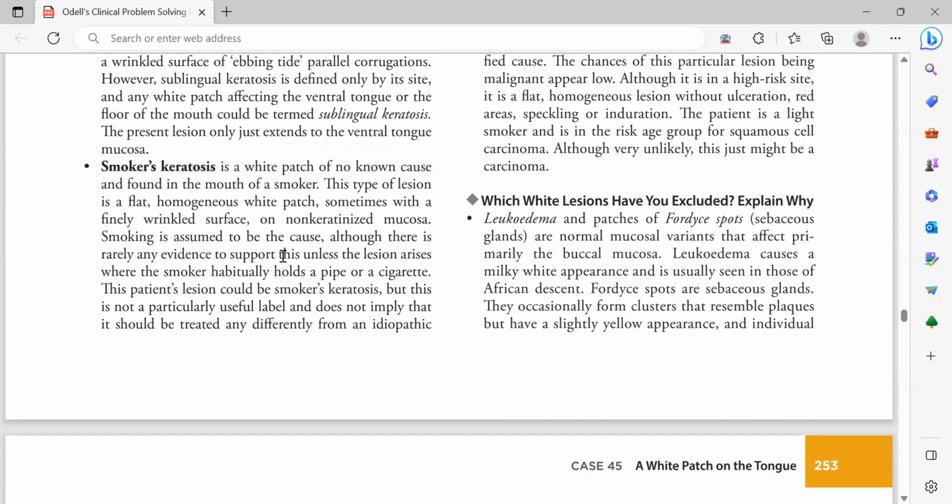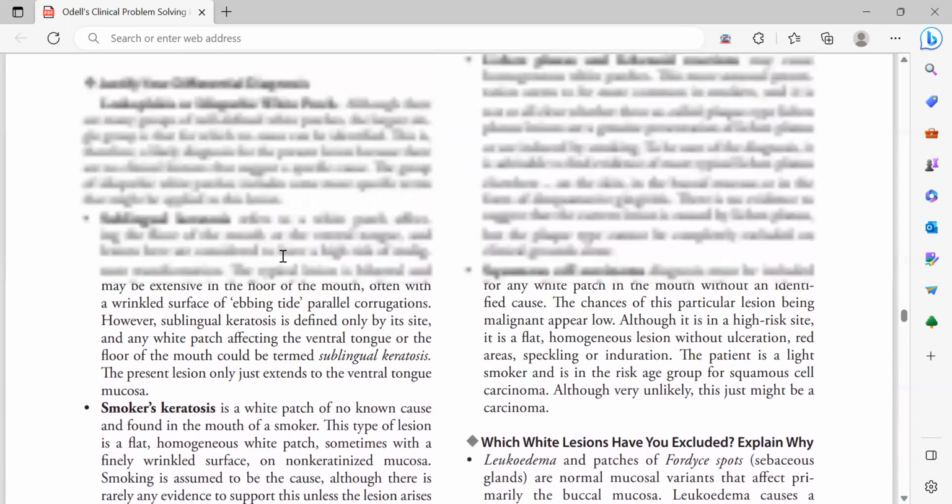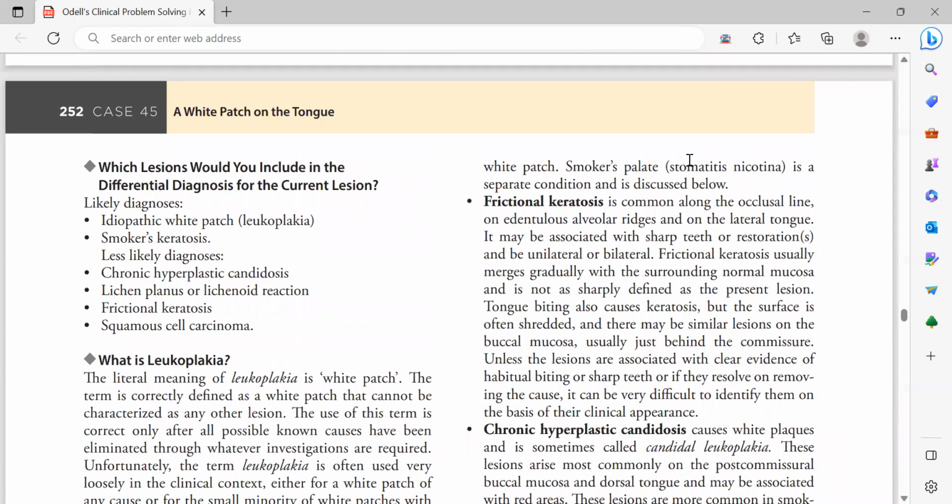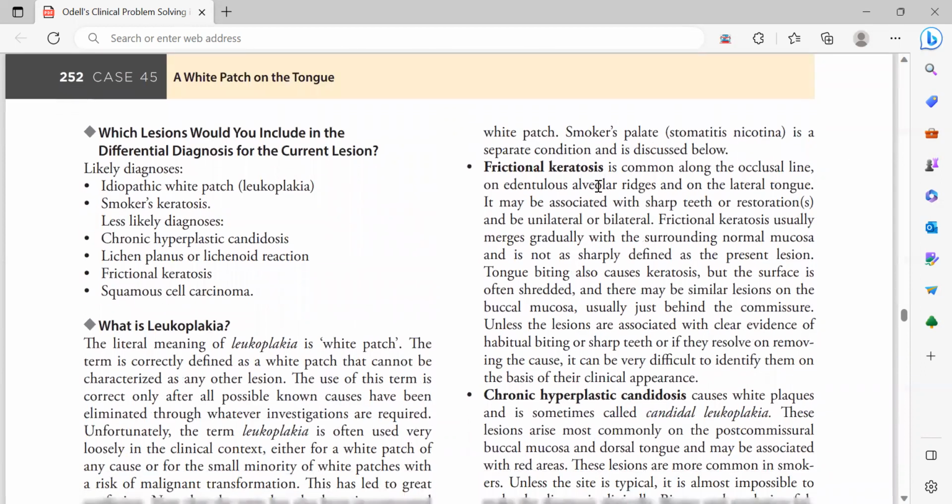Either you can give it a name as smoker's keratosis or a white patch or a leukoplakia. The management would be similar, right? And smoker's palate is a separate condition. So the smoker's palate, you know, those are the pinpoint projections on the palate of the patient who does smoking. So that is a completely different condition.